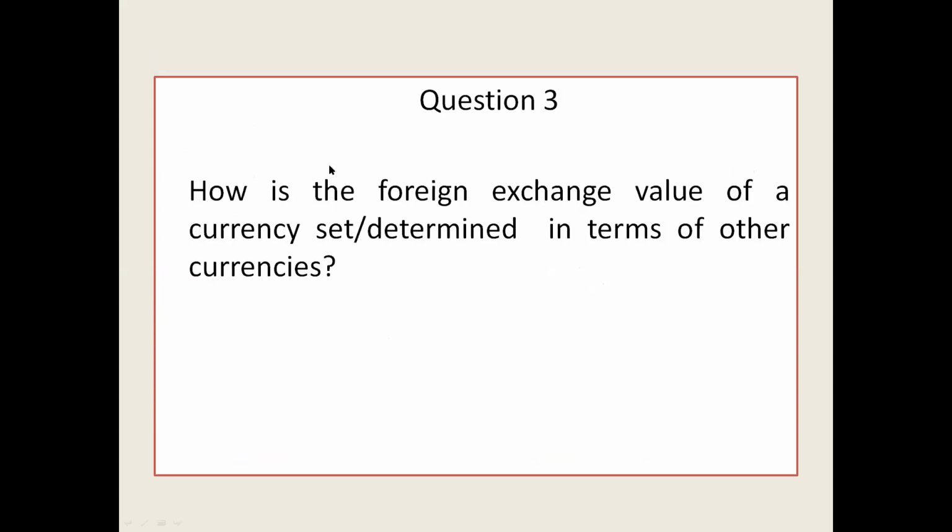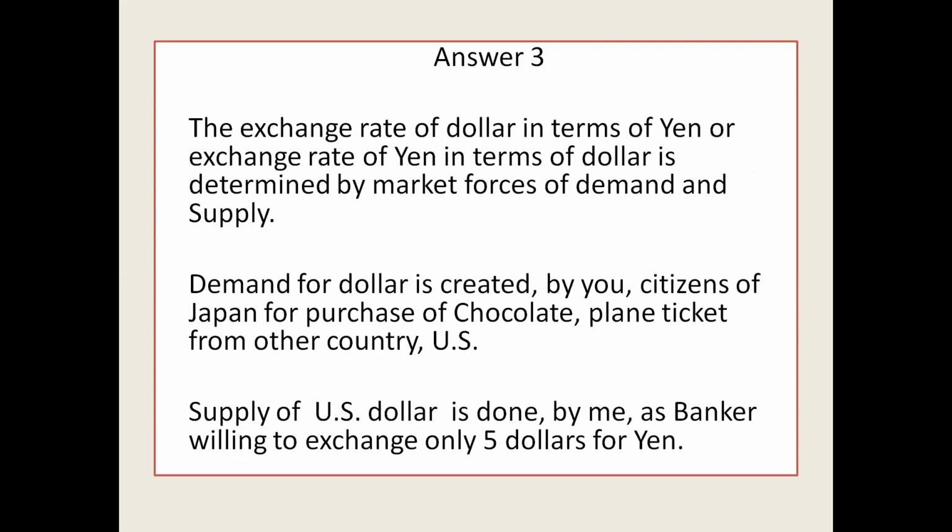Now question 3. How is this exchange rate decided? That is value of one currency in terms of other currency? Yes, it is being decided by market forces of demand and supply. Demand for dollar in this activity which we have conducted just now is being controlled by citizens of Japan as they create demand for US product like chocolate or plane ticket, whereas supply of US dollar is being controlled by me as a banker, and I was willing to exchange only 5 US dollar for yen in first round and 5 in second round.